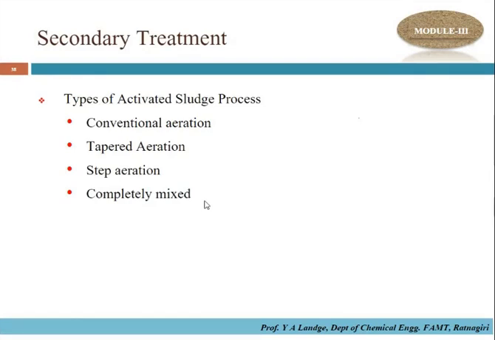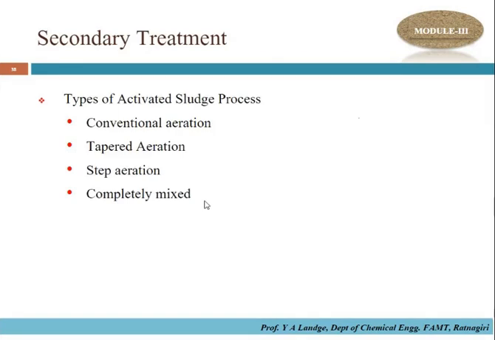As I said, apart from these four types, you may have the sequential batch reactor, which is called the SBR, or it may have contact types also available for the treatment of industrial wastewater. Then there are the extended aeration type and the oxidation ditch type.